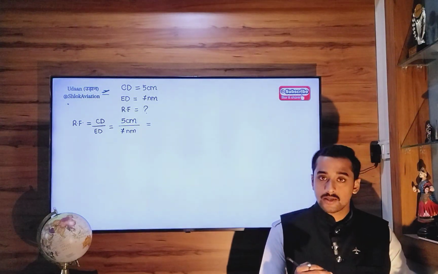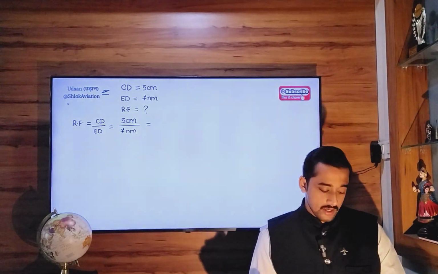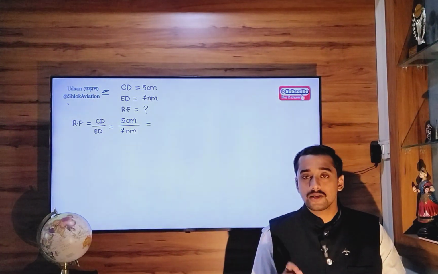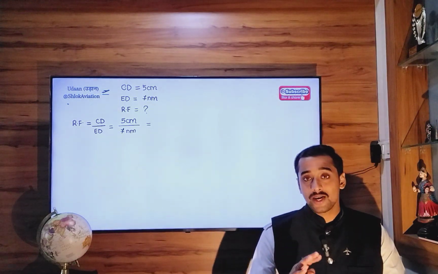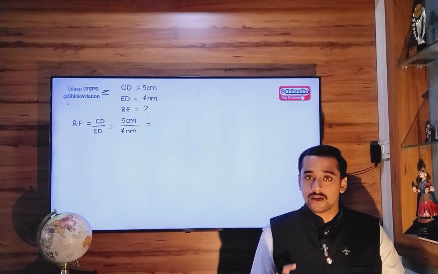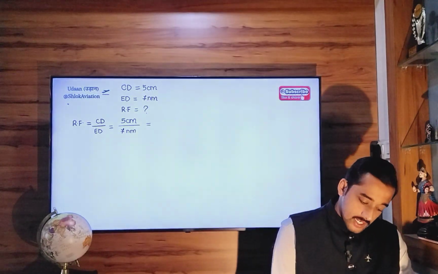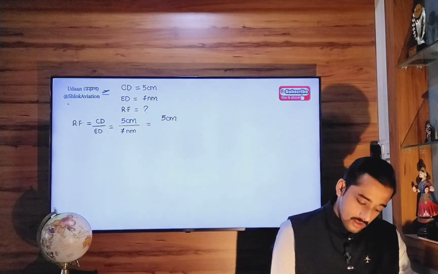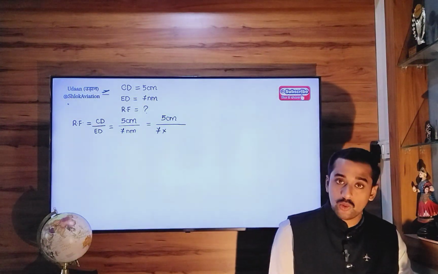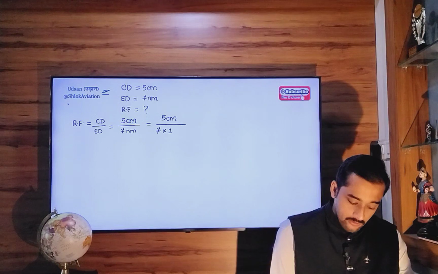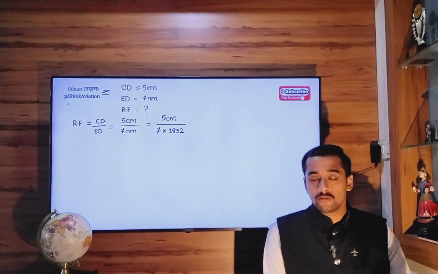Convert denominator 7 nautical mile into corresponding centimeter. Our goal is to bring both numerator and denominator units in sync, that is same. So 5 centimeter divided by 7. 1 nautical mile is 1852 meters, so multiply by 1852, and meter to centimeter.